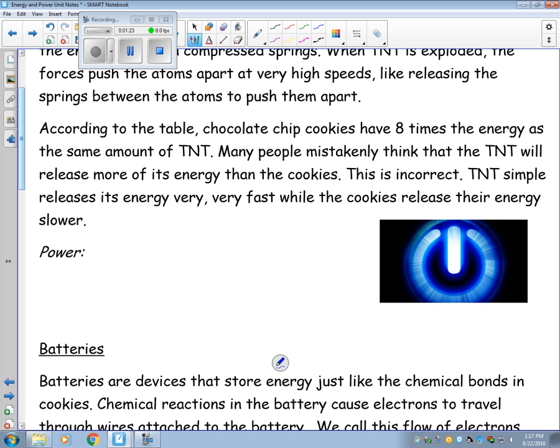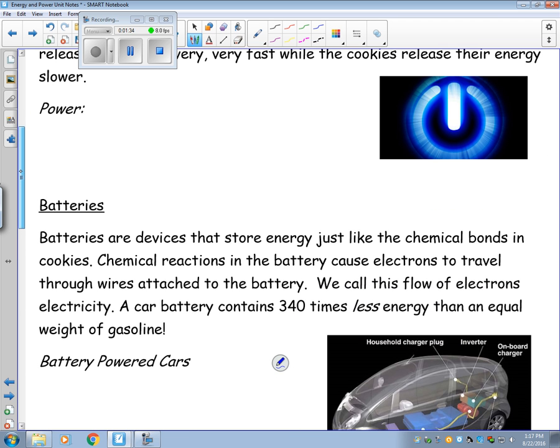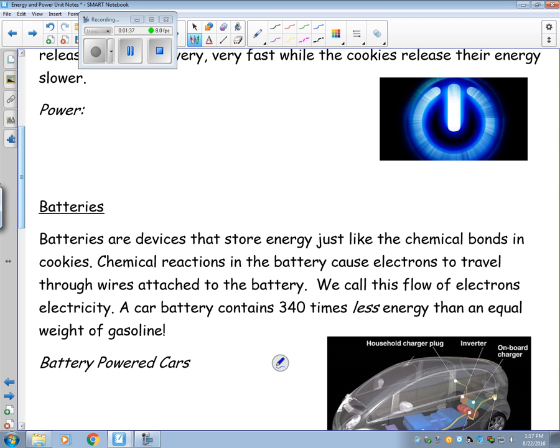What is correct is that the dynamite, the TNT, will release its energy very, very fast, while the cookies will release their energy slower. And that leads us up to something called power. Power is how fast one form of energy becomes another.